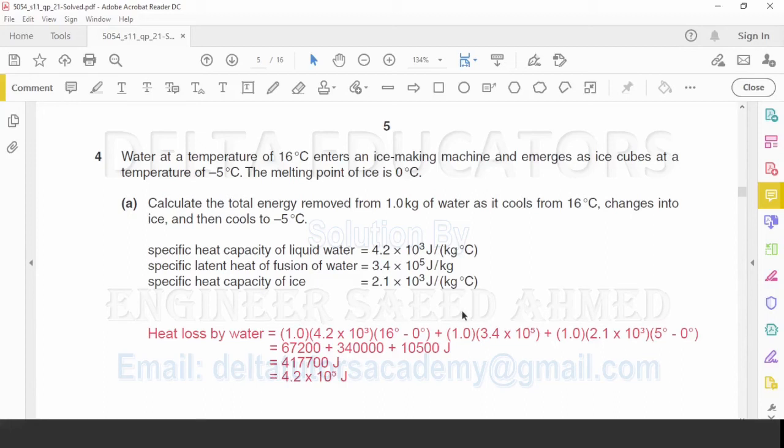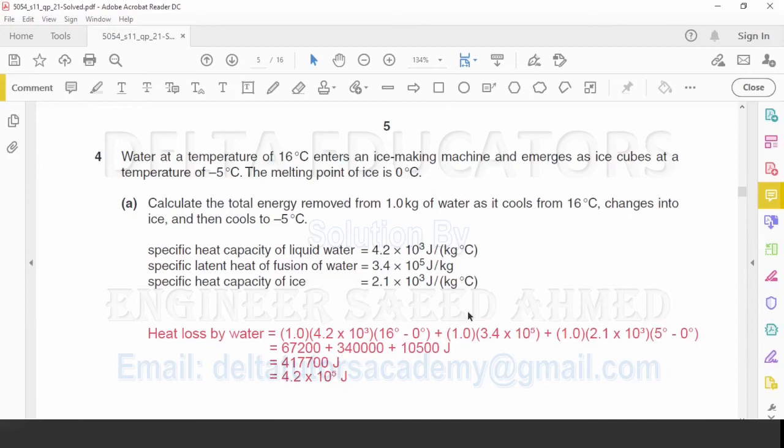Now when the temperature is at 0 degrees centigrade, this water begins to convert into ice. When the water begins to convert into ice, the temperature will not change. The temperature will remain the same, but heat will be removed because the liquid state is changing to solid state.